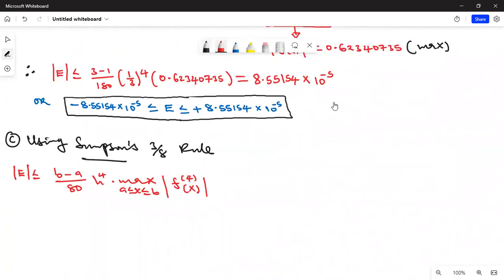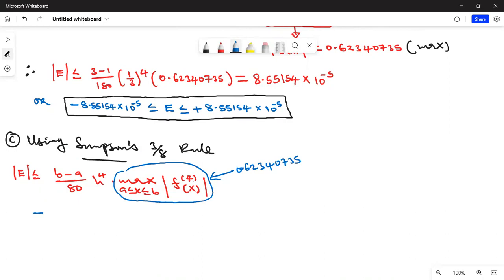So instead of this maximum value, let's import the value that we have found in the Simpson's 1/3 rule. It was 0.6234, then 0.735.